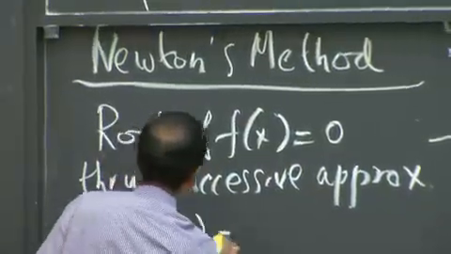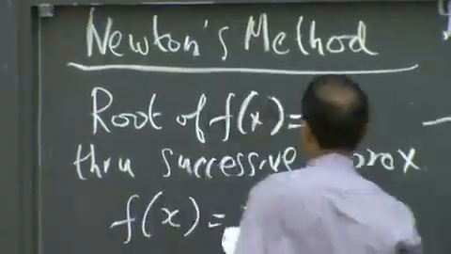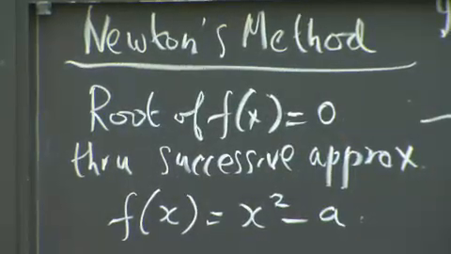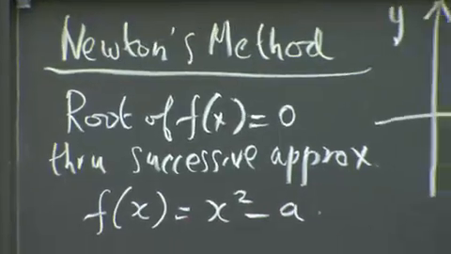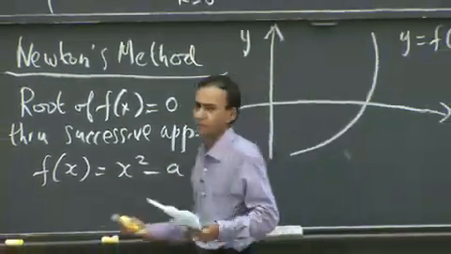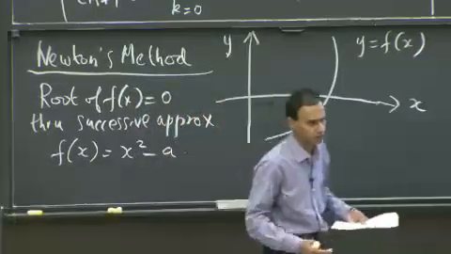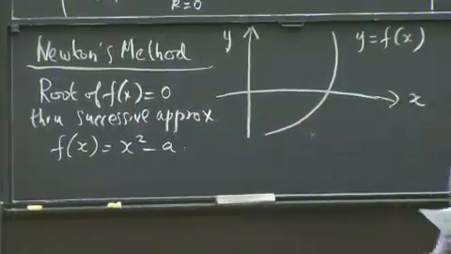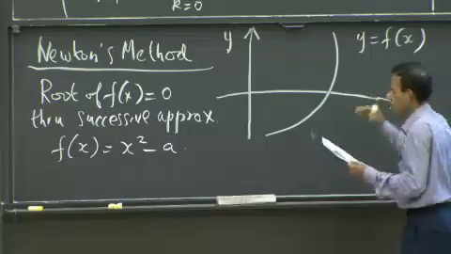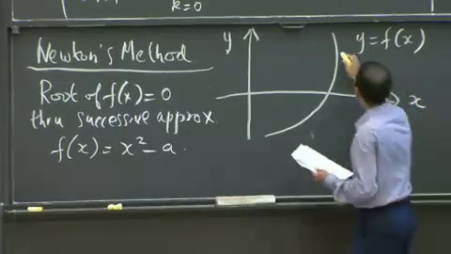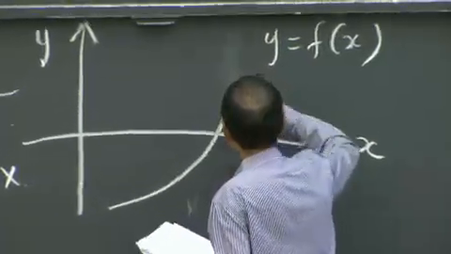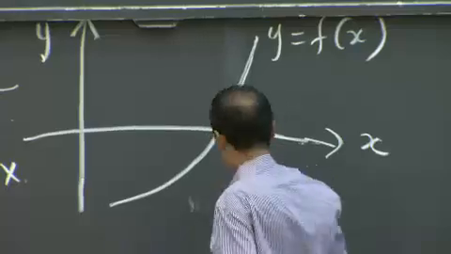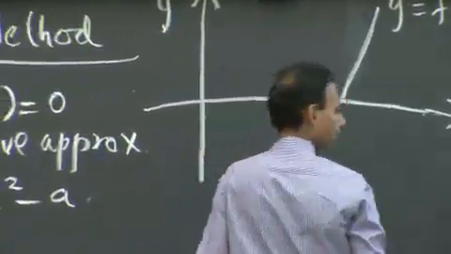And for example, we might have f of x equals x squared minus a. And if a is 2, then you're trying to use Newton's method to find the root, and you're going to end up trying to compute square root of 2, or plus or minus square root of 2 in this case. But you can go for a particular root, and you'll try and converge to that. So the way Newton's method works is it tries, geometrically speaking, to find tangents.